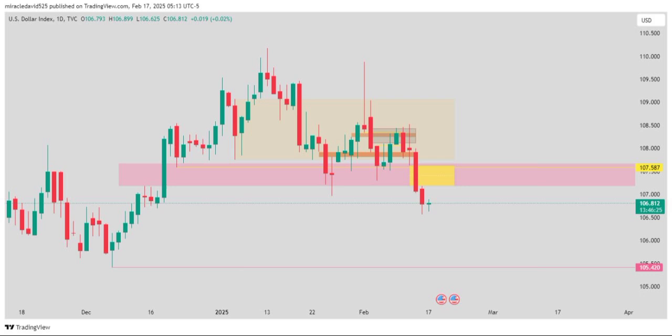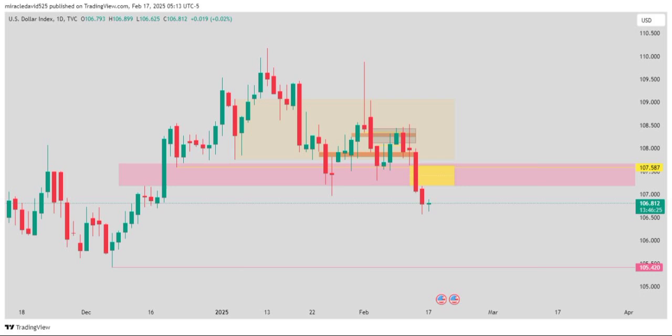Okay, this is the daily time frame of that same DXY chart, and what we are seeing here is price has displaced below a low with speed, creating a fair value gap. You see that yellow box annotated above price, which is inside the pink area in that weekly level.